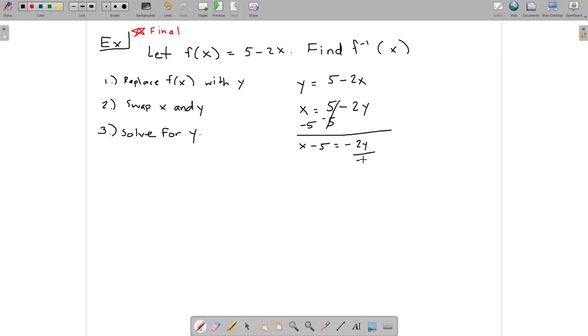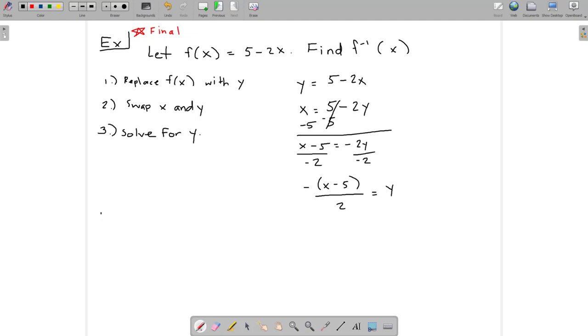Divide by this negative 2. And it's fine to just leave it like this. I might pull the negative out of the denominator just because it doesn't look as nice. So then this would be y.